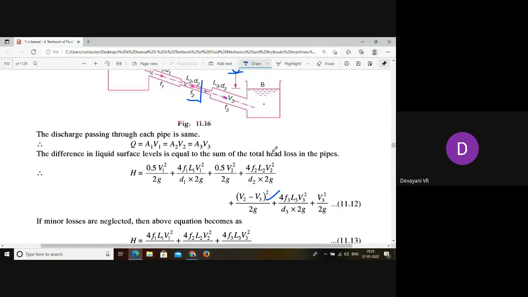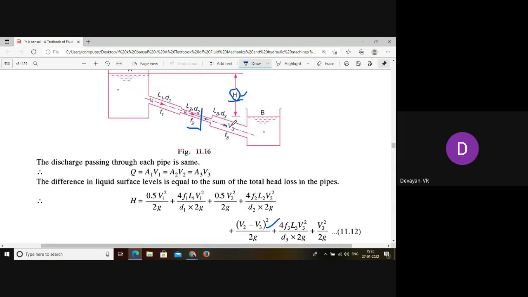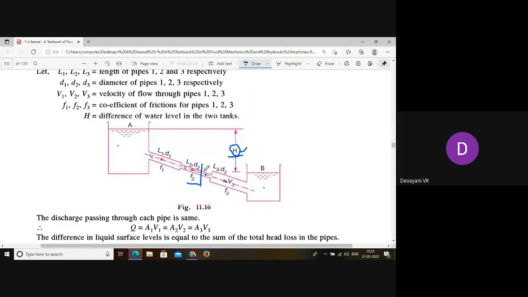So these are the different losses we can face during the flow of the pipe. First, at the entrance due to sudden contraction of the pipe, the loss may be due to sudden contraction as well as the friction. Coming to the second pipe, the pipe was again contracted, so here also we face head loss due to contraction as well as head loss due to friction.